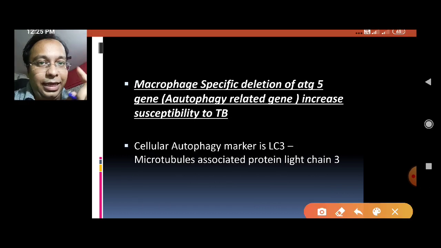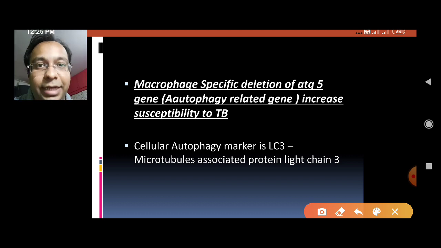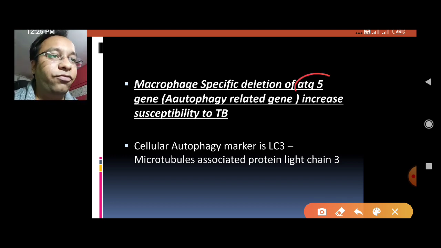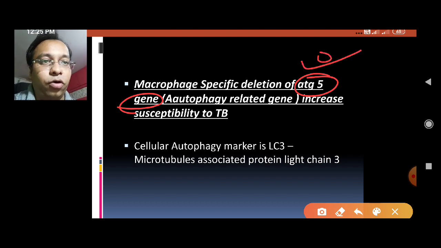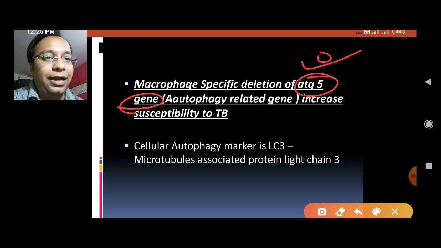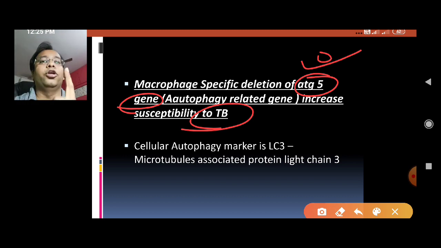Now guys, as we have discussed, autophagy is the main mechanism in removing intracellular pathogens like bacteria. So if you have a mutation in specifically the ATG5 gene, this gene being macrophage specific, if it is deleted, if it is not present, then you have more chance of developing tuberculosis.